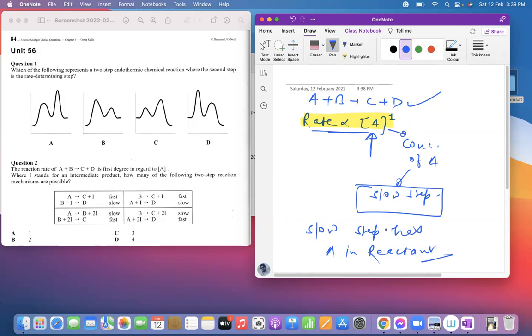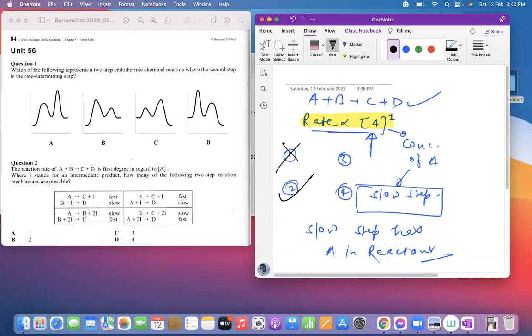So top left is my number 1 box, below it number 2, this is number 3, this is number 4. In number 1 box, the slow step has only B and I. There is no A, so this is wrong. Now the number 2 box: the slow step has A, so this is fine.